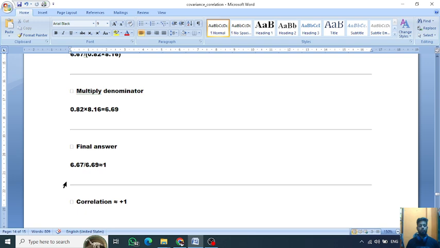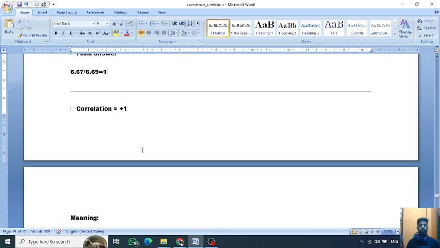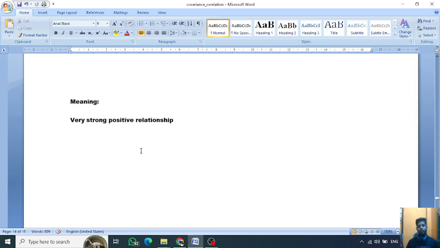Now we divide the covariance by the multiplication of the standard deviations. That is around 1, which means positive 1, a very strong positive relationship between study hours and marks.